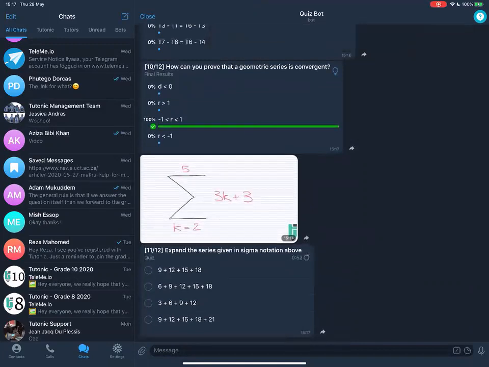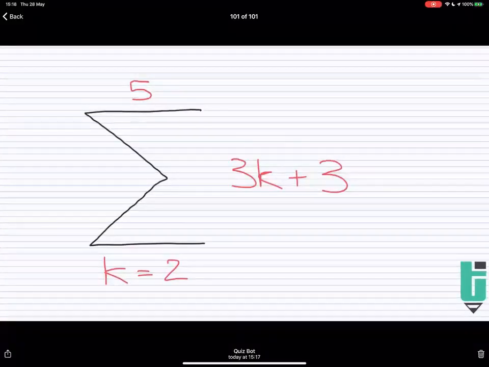Expand the series given in sigma notation above. What's the first term? 9. How did you know it was 9? You substitute 2 into k, since k equals 2 is the first term.